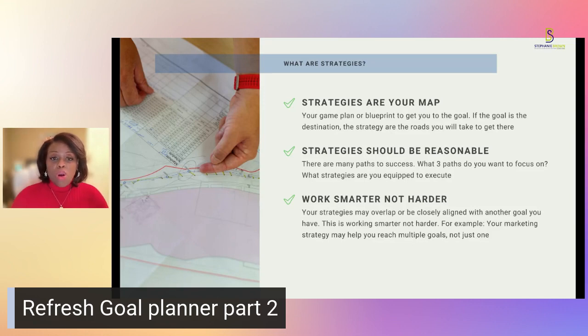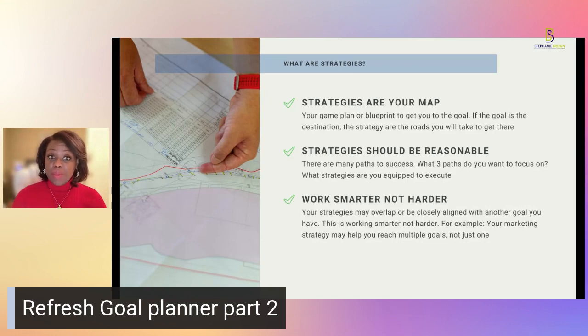Because this planner is all about having you manifest the vision, the intentions, the goals that you set, not just setting goals and then not doing anything about them. It's taking you all the way through completion so that you can have a return on finish. So, what are strategies?